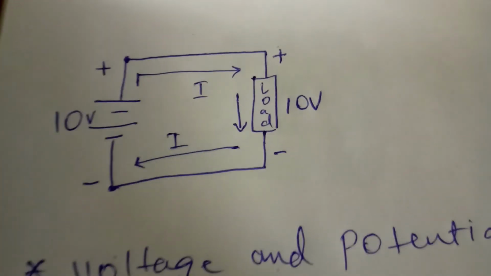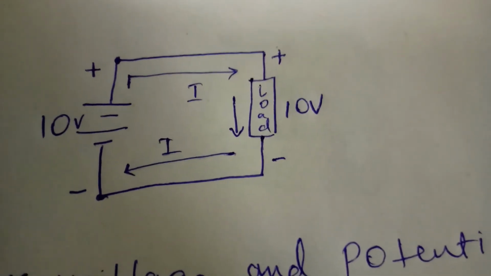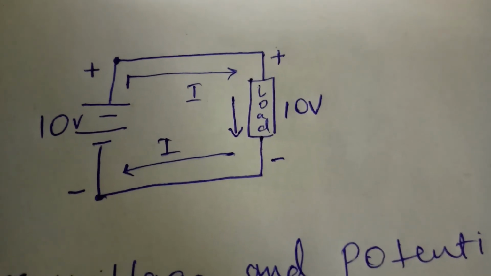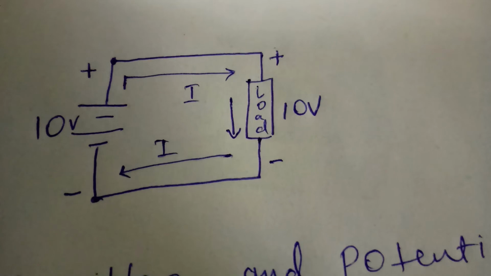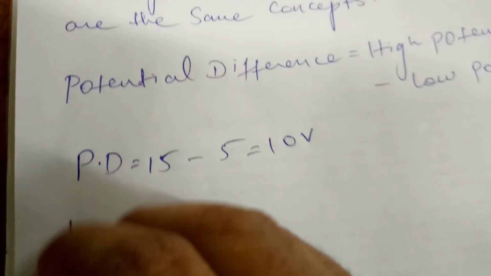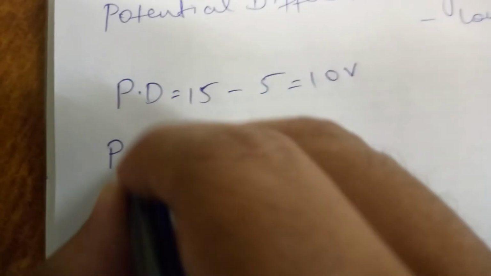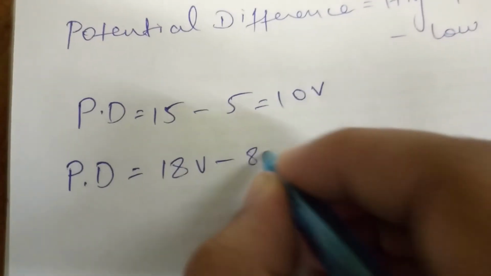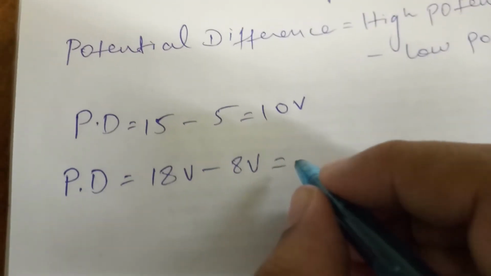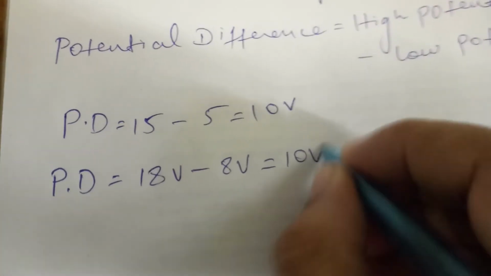If the positive terminal is at 18 volt and the negative terminal is at 8 volt, then 18 minus 8 is equal to 10. So high potential will be 18 volt and low potential will be 8 volt. So 18 minus 8 is equal to 10.